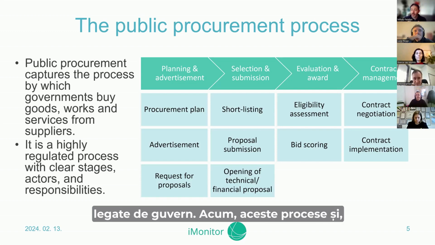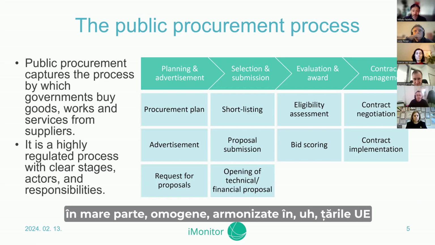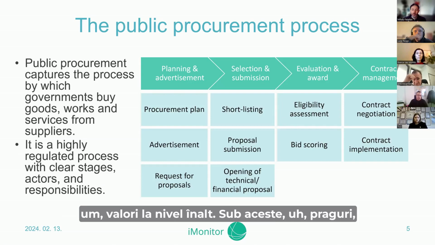Now, these processes and also the resulting contracts are very highly regulated, largely homogeneous, harmonized across EU countries, very much so for the high-value contracts where there are EU directives, but also below these EU thresholds, there is a relatively large degree of harmonization.